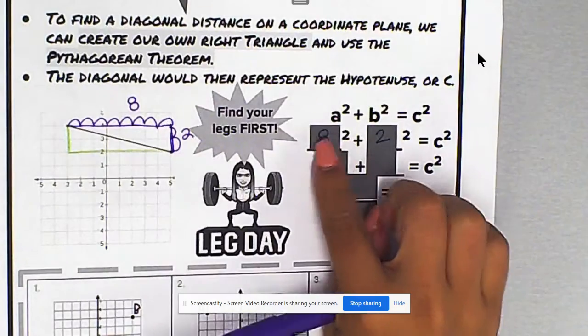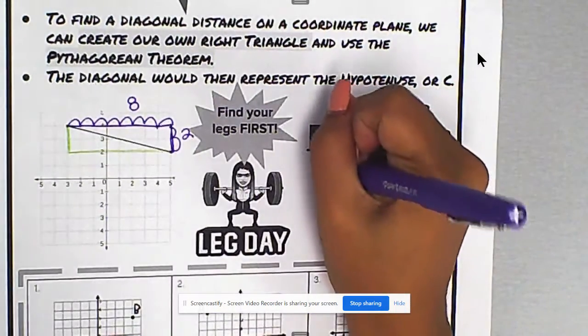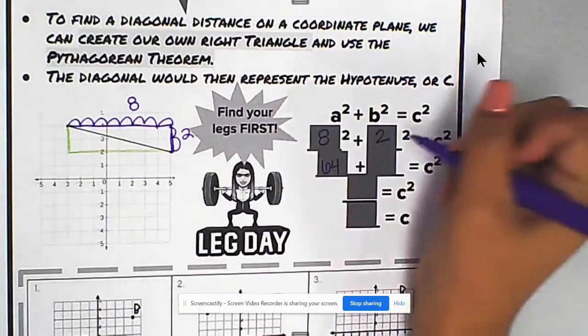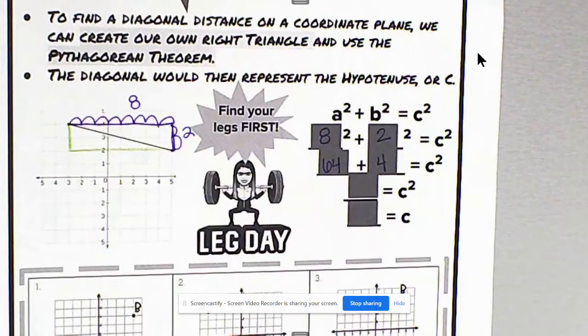Notice I already have my squared. 8 squared, 2 squared. 8 squared is 64. 2 squared is 4. And then I'm going to add those together. And 64 plus 4 gives me 68.